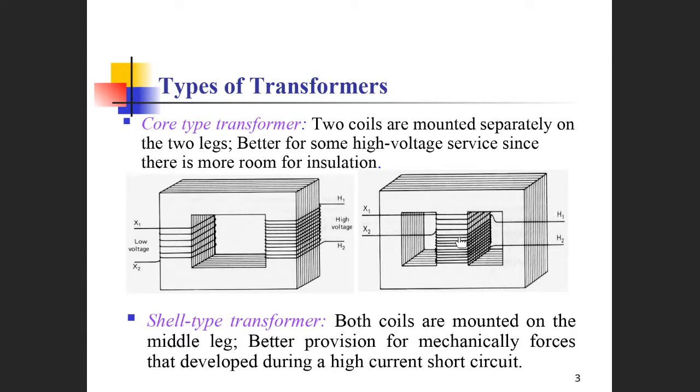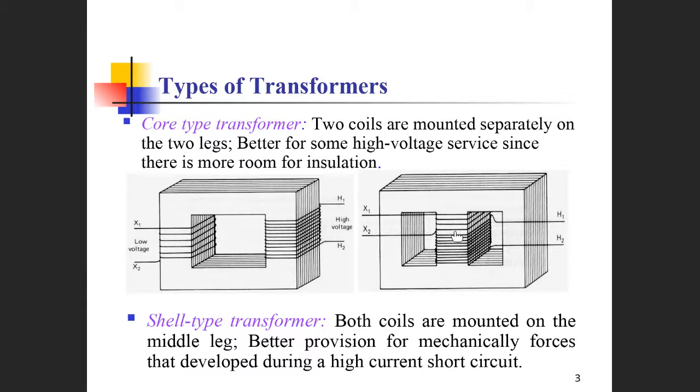As a result, the mechanical force and torques produced by the interaction between the magnetic field on the primary and the magnetic field on the secondary are minimized, very small, because the distance between the two coils is smaller.